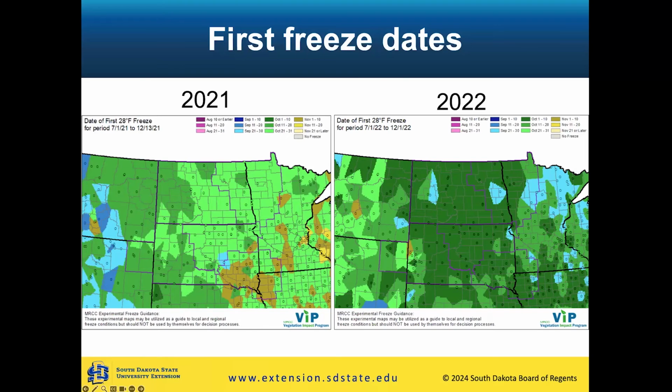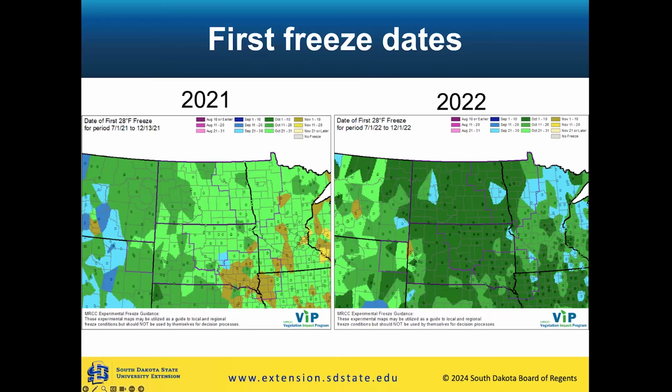If you have a later freeze, it's going to allow more time for those grasshoppers to be hanging out, laying eggs well into the fall. If you have an early freeze, that really cuts them off early, and they're not able to lay as many eggs.